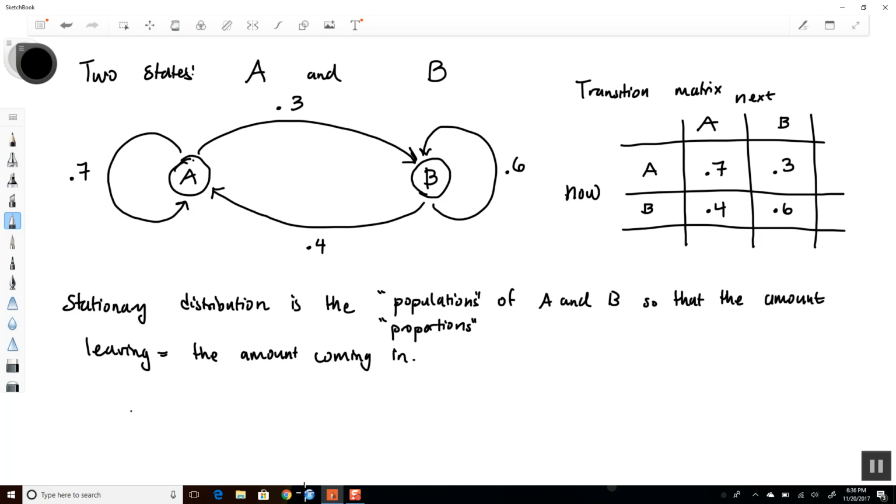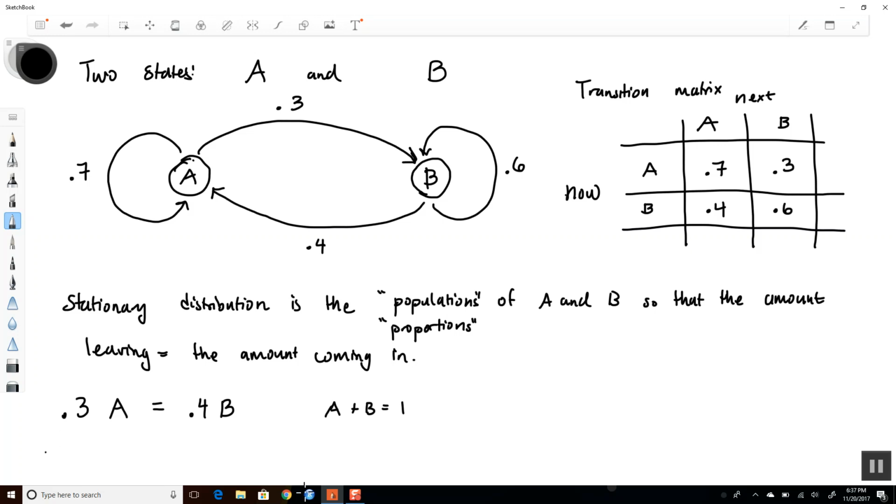So basically, if we have A going to B, 0.3 of A goes to B, that has to be equal to the 0.4 of B that's going to A. So if we look at this part, and then if we're looking at proportions, A and B have to equal 1.